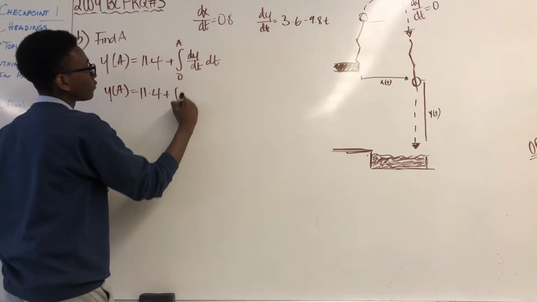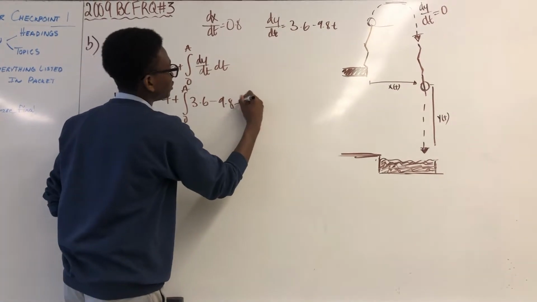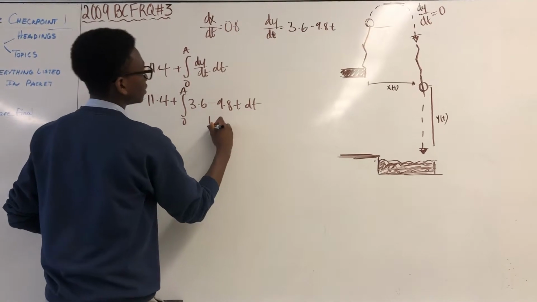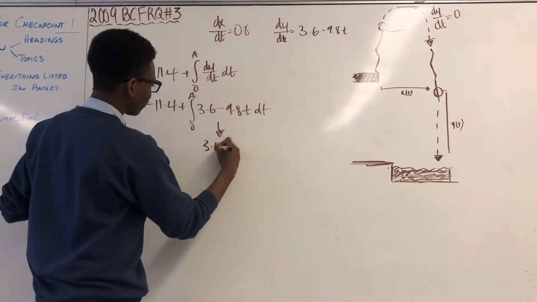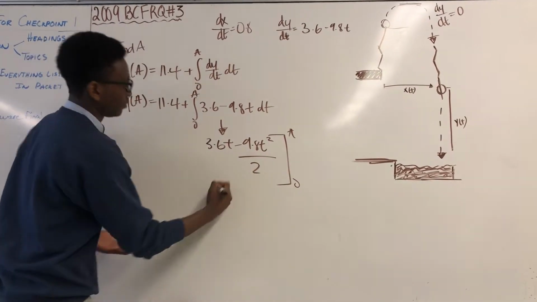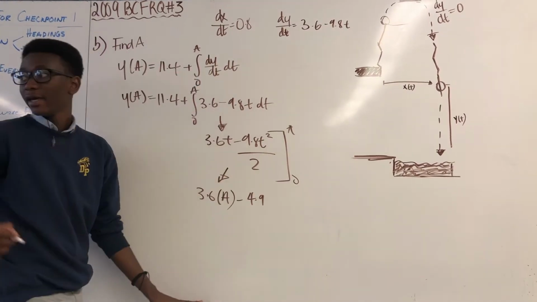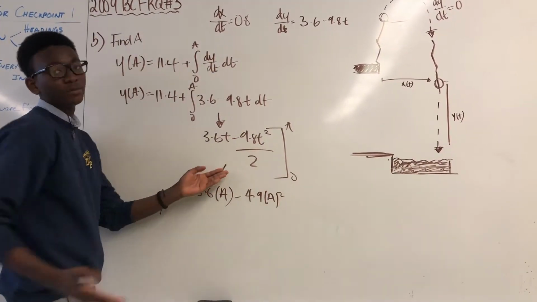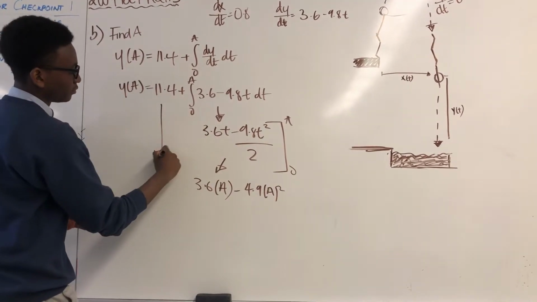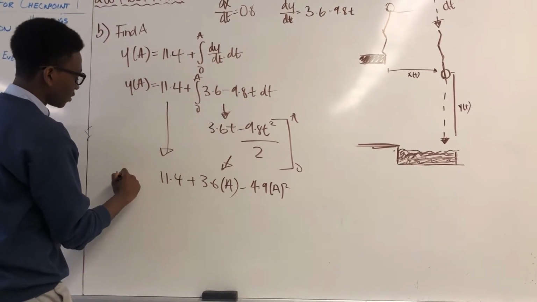Once you integrate, since a is unknown, a stays. So you would get 11.4 plus 3.6a minus 4.9a squared.